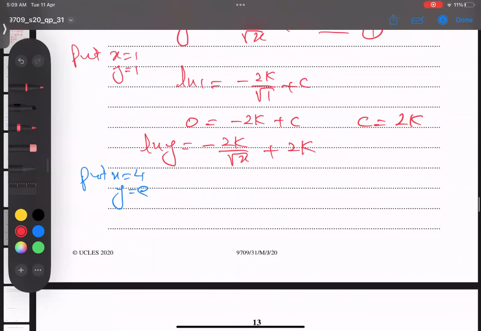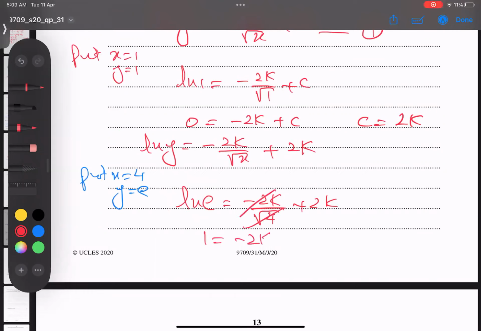So when I plug in (4, e) here, ln e equals minus 2k over root of 4 plus 2k. ln e is 1 and root 4 is 2. This cancels out and we get -2k plus 2k.